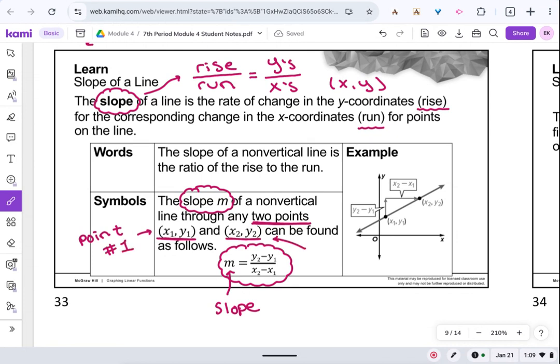And the little 2's here is talking about point number 2. Those are going to be numbers that we'll end up labeling in our problem. And then we're going to be doing the slope formula, which is right below here, for each problem. So again, we're trying to see what's the rise compared to the run when given 2 points.